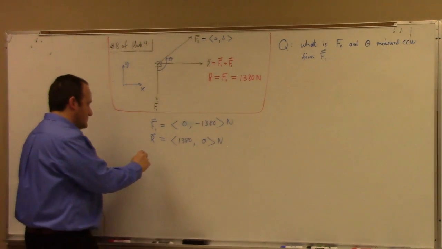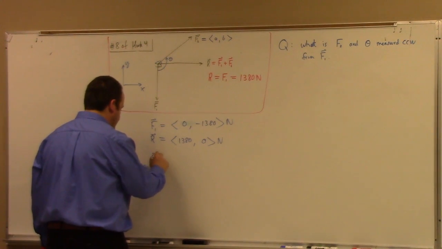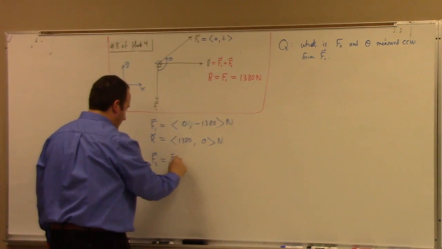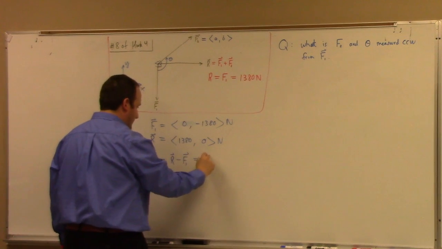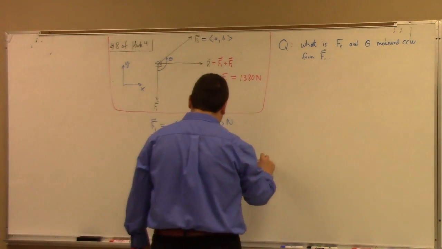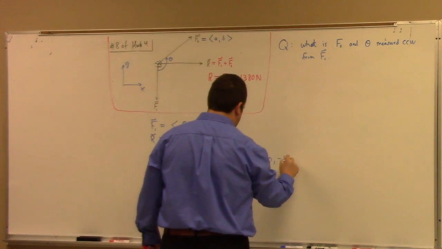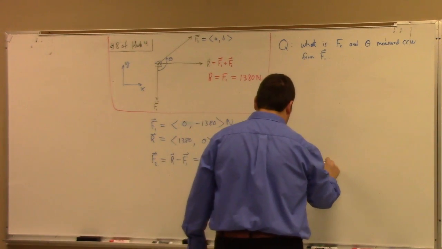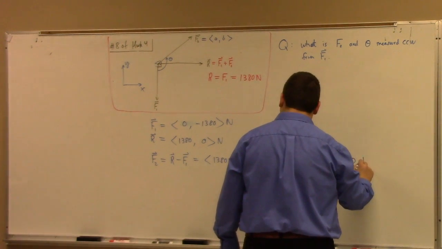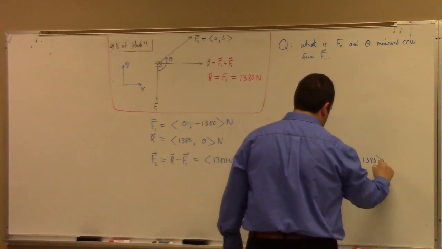F2 is R minus F1, which is 1380 newtons, comma 0, minus 0, comma minus 1380 newtons, which is 1380, 1380 newtons.